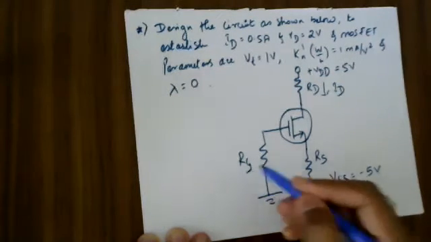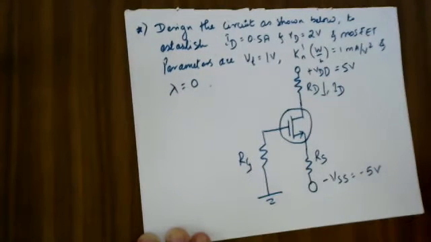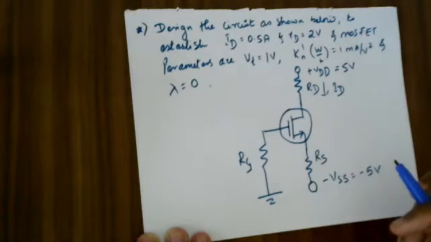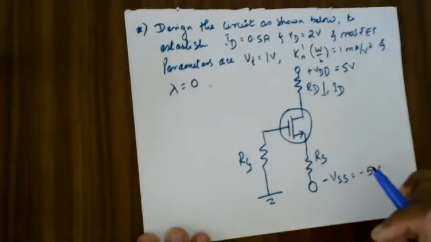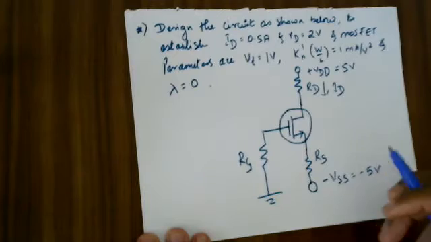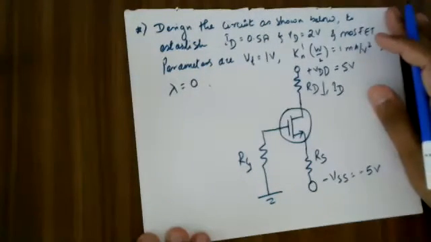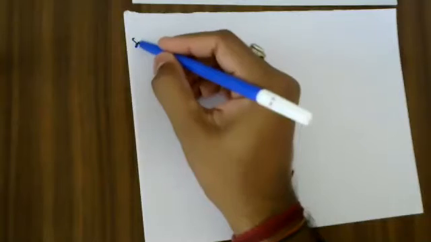So this is gate resistance RG. This is my numerical for this session. We have to work on this particular numerical, so we'll keep this aside and start solving it.